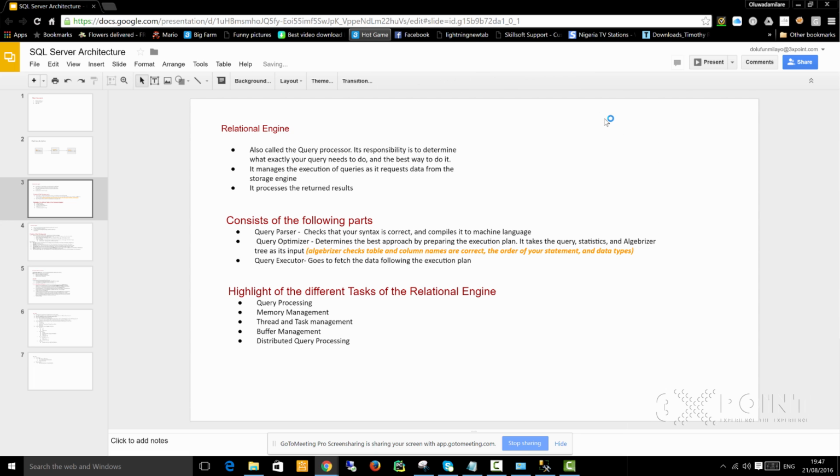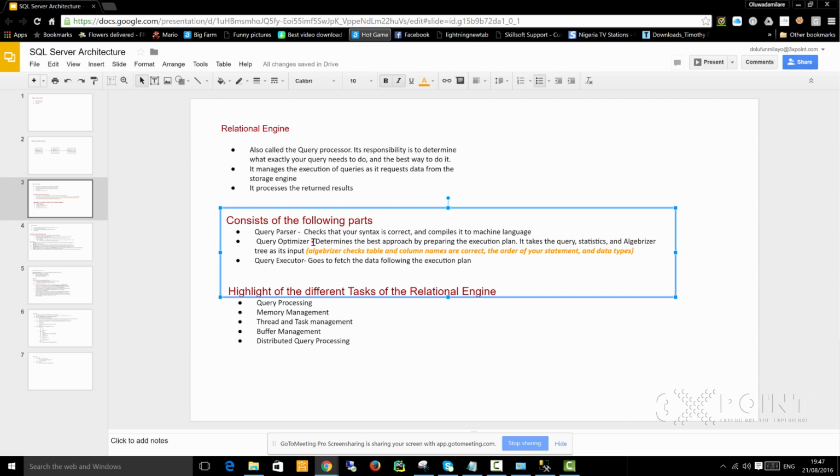Now, the query optimizer here determines the best approach by preparing the execution plan. I'm sure this term is not new to you, but if it is, that's fine.